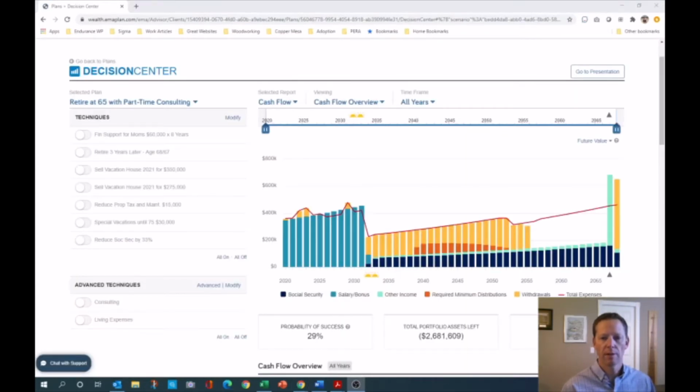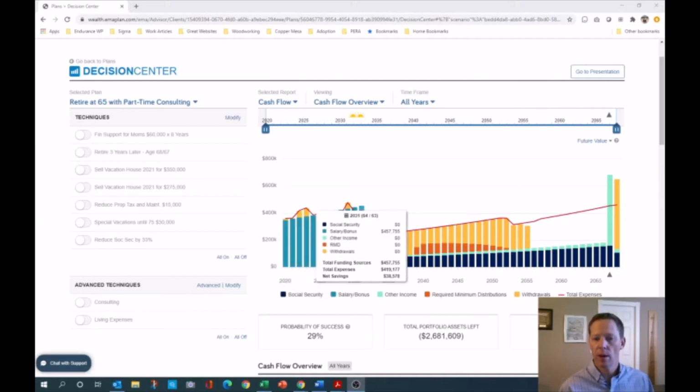All right, so this is a cash flow report to see where we're at, what the situation is now from a financial standpoint and where we want to go based on goals and objectives. What we're looking at here is Frank and Joanna's financial information. This red line up top of the graph is their expenses.